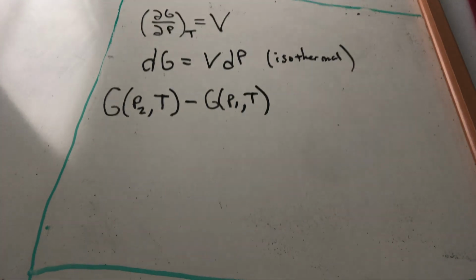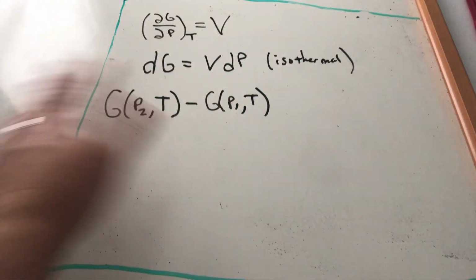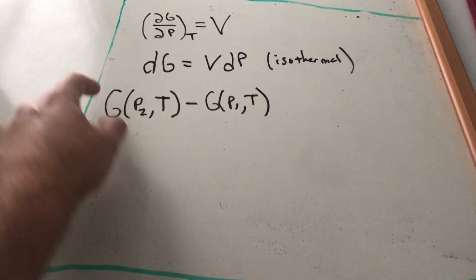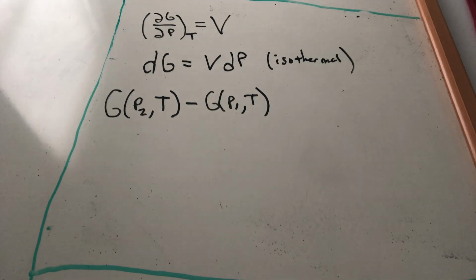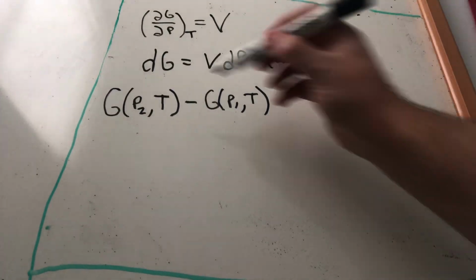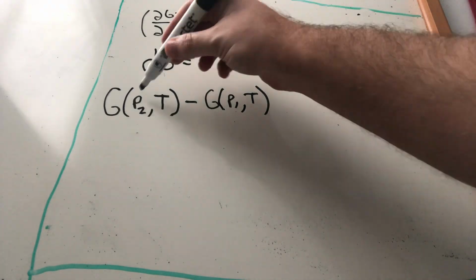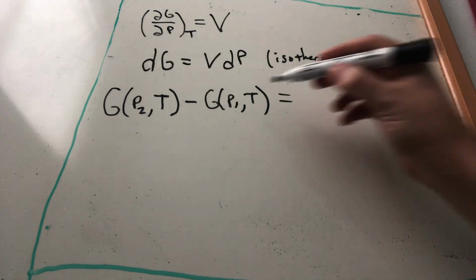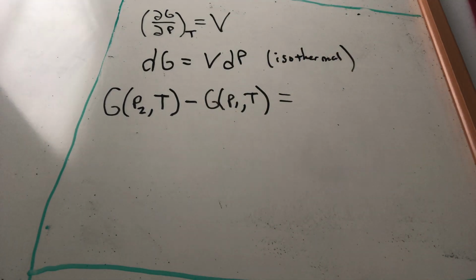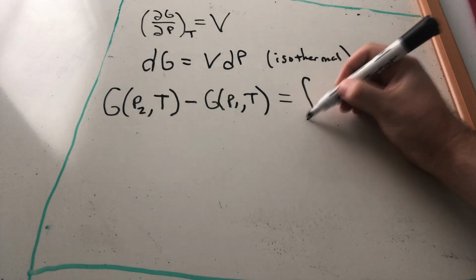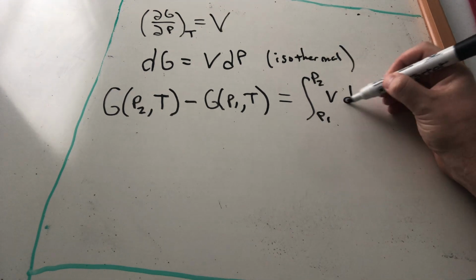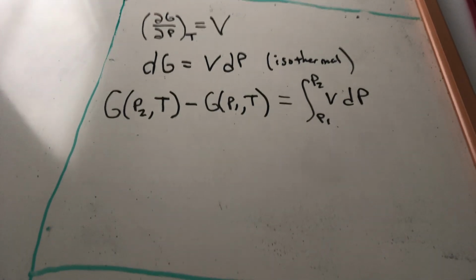Normally in the semester, we call this a delta G, but for reasons that you'll see as we go through, I'm going to literally show the two G's that are being subtracted. And remember, we're integrating over pressure, so the two G's differ in terms of their pressure. They have the same temperature because everything is isothermal. Over here, this is the integral from P1 to P2 of V dP.